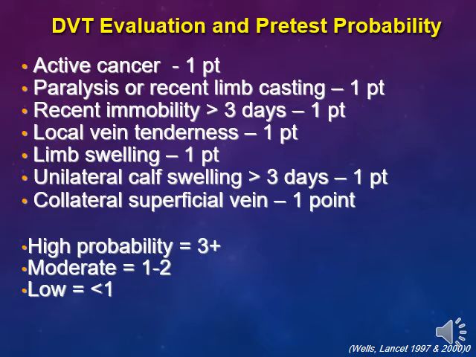If the patient has 3 points, it is high probability and high risk group. From 1 to 2, it is moderate, and if the patient has only 1 point, it is low risk to develop DVT. Each group of patients can be given prophylaxis using some prophylactic measures, as I will mention later on.